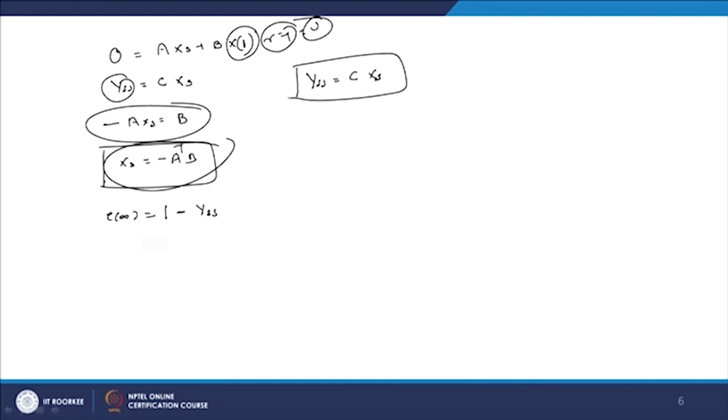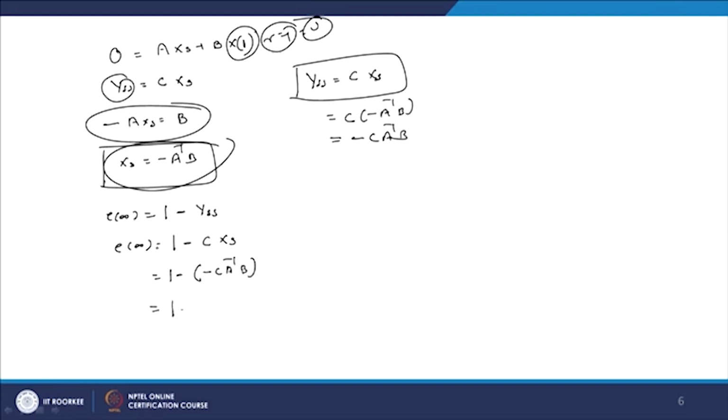And what is x_s? This x_s is nothing but minus A inverse B, so C x_s is minus C A inverse B, and therefore the steady state error we can write as e of infinity equals 1 minus C into x_s, that is 1 minus, what is C x_s, equal to minus C A inverse B.